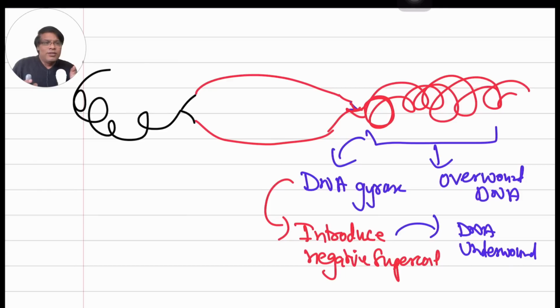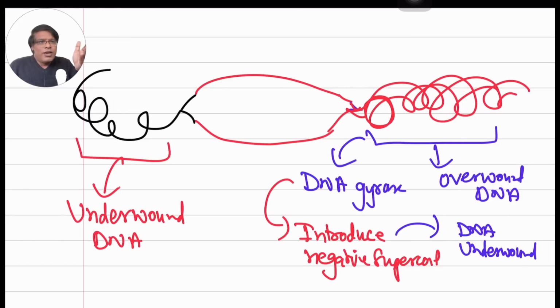The cell keeps the DNA in the underwound state. If the DNA becomes overwound, the cell has the enzyme topoisomerase, which can introduce negative supercoil within the DNA. This way, the cell maintains its DNA in the underwound state.